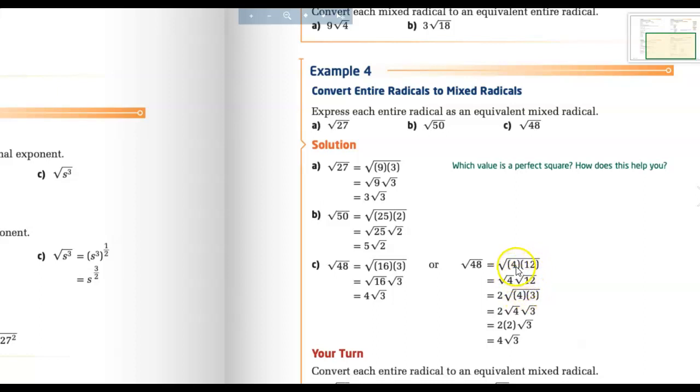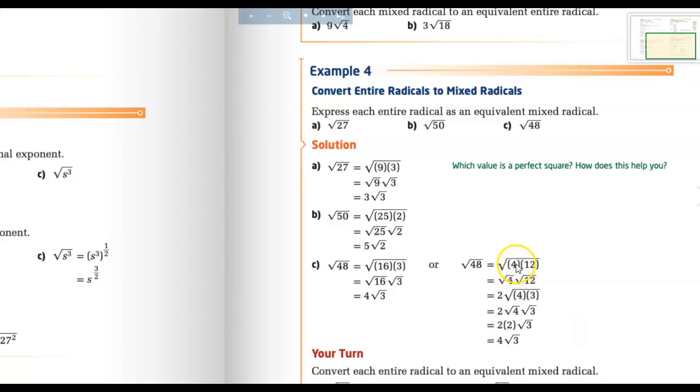Because I guess you could say 4 is a perfect square, so you can pull out the 2. That's what they did. They pulled out the 2, but you can go further with the 12 because in 12 you can pull out another perfect square. So 4 times 3 also gives you 12. So you can pull out another 2. When you pull out the second 2, then you go 2 times 2 is 4. So then you get the same kind of answer here. It's just an additional step. So two numbers that equal 48: 4 times 12 gives you 48.